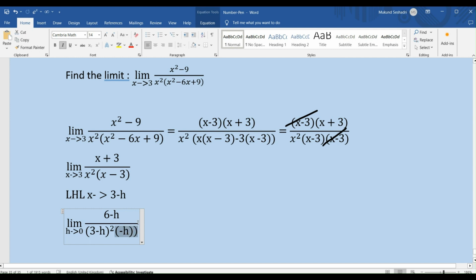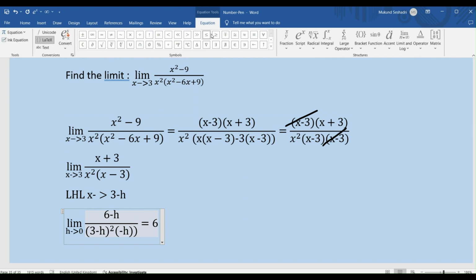So when I do a substitution of h equals 0, my numerator takes the value 6, and one part of the denominator takes the value 9, which is because it is 3 minus h the whole square, which is 3 minus 0 the whole square.